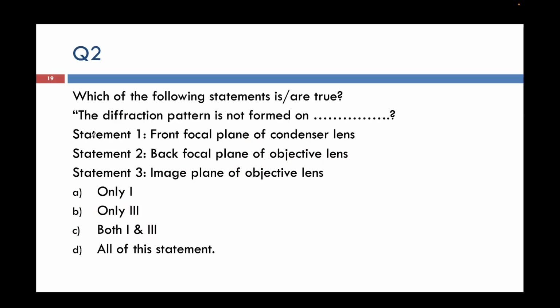Okay, this is the next question. Which of the following statements is or are true? The diffraction pattern is not formed on dash. Statement 1 is the front focal plane of the condenser lens, statement 2 the back focal plane of the objective lens, statement 3 the image plane of the objective lens.